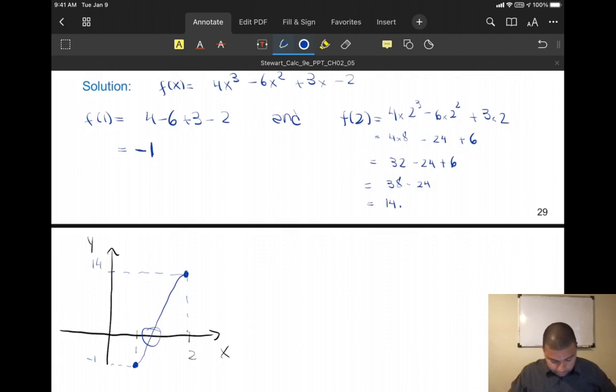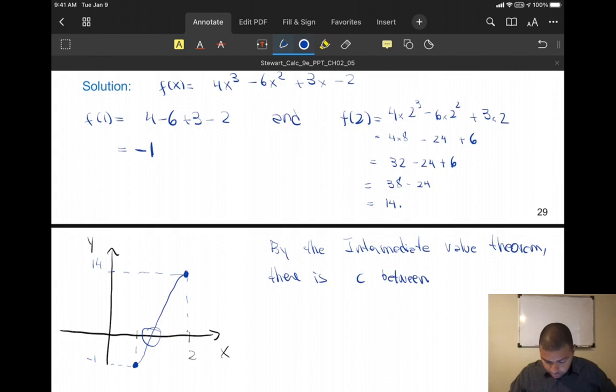So I'll say, by the intermediate value theorem, there is some c between 1 and 2 such that f of c equals 0.